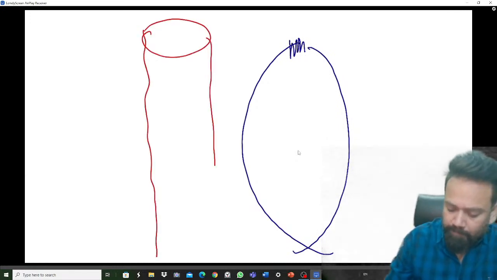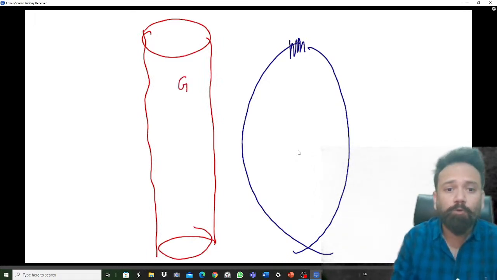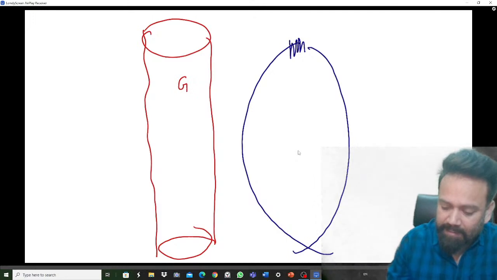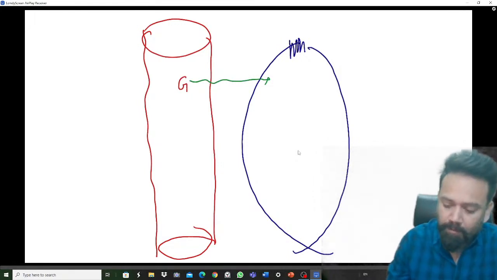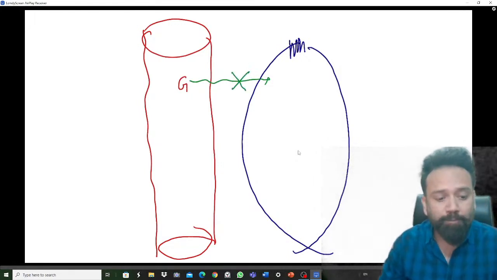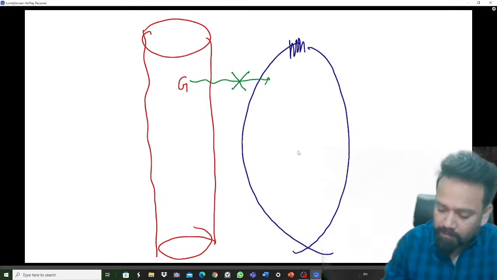Please tell me, doctor, whatever amount of glucose is coming in the blood circulation, can this enter inside the muscle or not? Yes or no? No, absolutely no. Why? Because glut 4 is in the center.